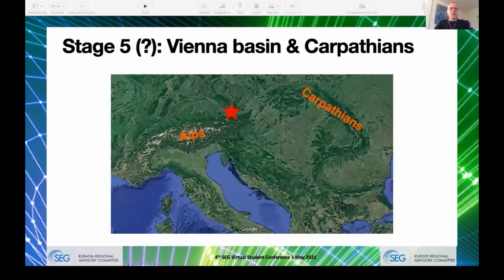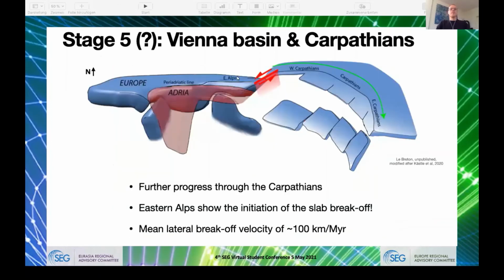And now the next question is, can we even extend our new knowledge and compare it with some other studies? So can we even extend our slab break-off here at 19 million years, maybe with the Vienna Basin and also the Carpathians? And in fact, we think that we can do this, because we have the emission of the slab break-off in the Eastern Alps here at 19 million years.